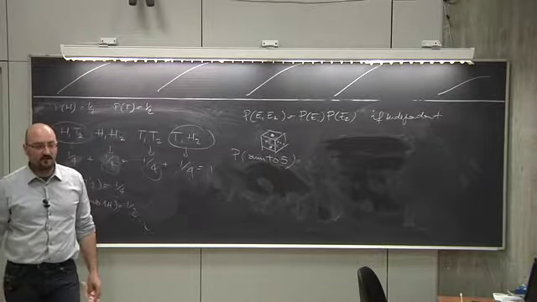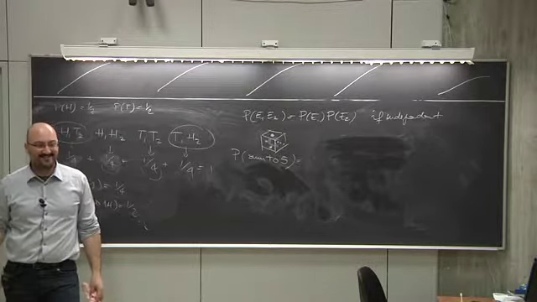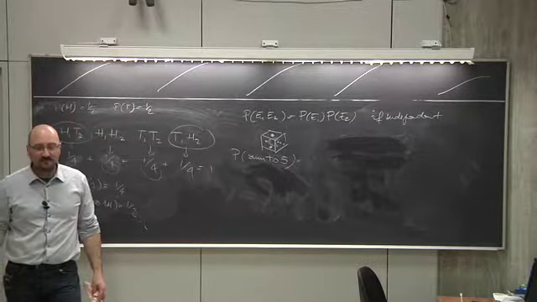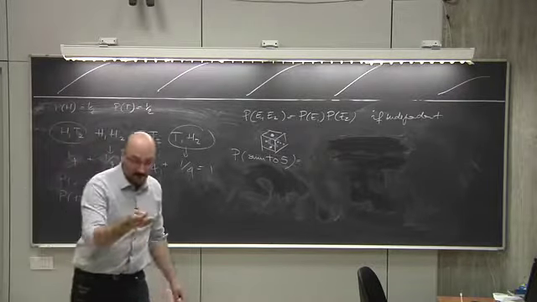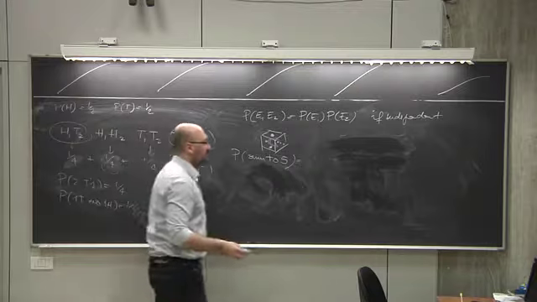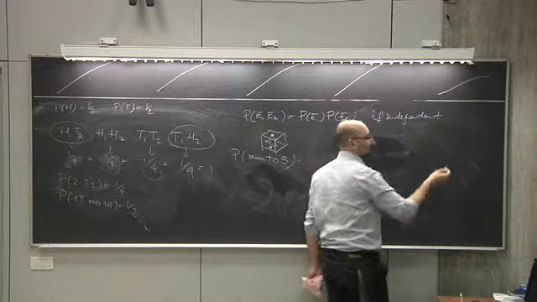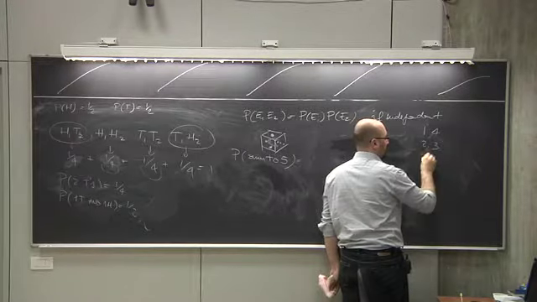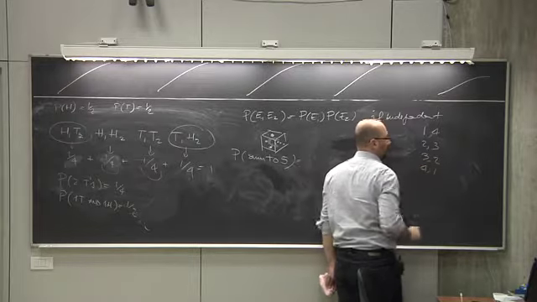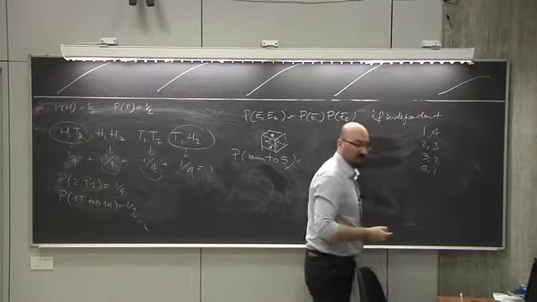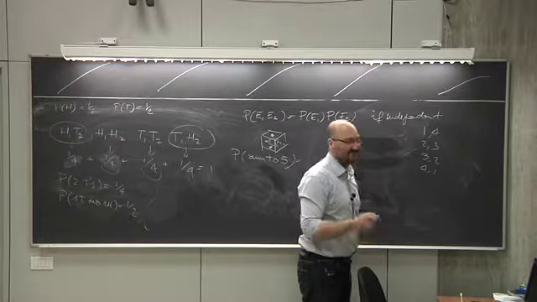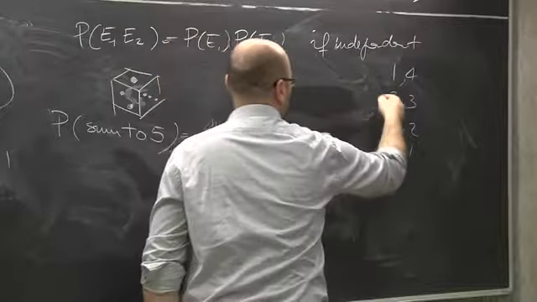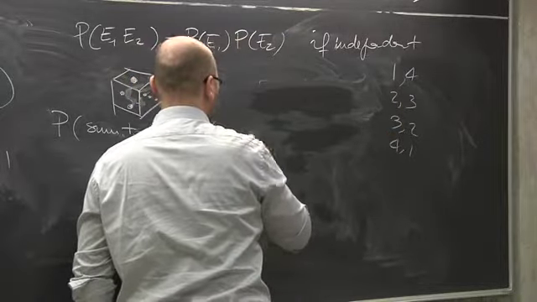I accept also answers in French. What should I do? List all the possibilities. What are all the possibilities? 1 and 4, 2 and 3, 3 and 2, 4 and 1. Each of these has probability 1 over 36. There are 4 of them, so 4 over 36, which is 1/9.